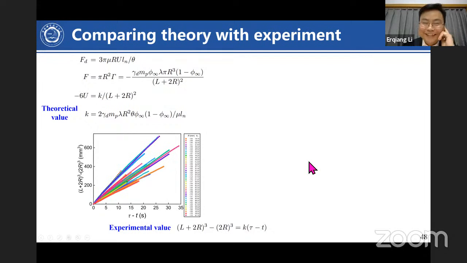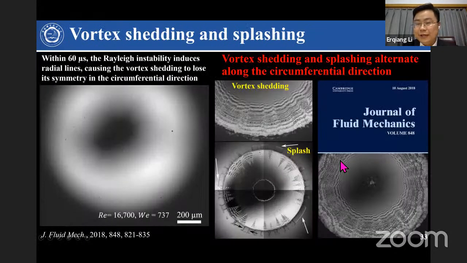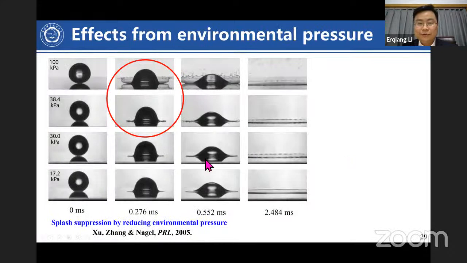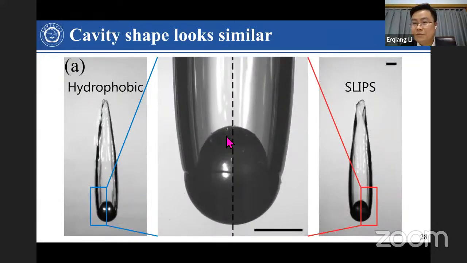Okay, Professor, it's a very challenging question. I guess your question is how to measure the neck radius during the coalescence of two drops, right?